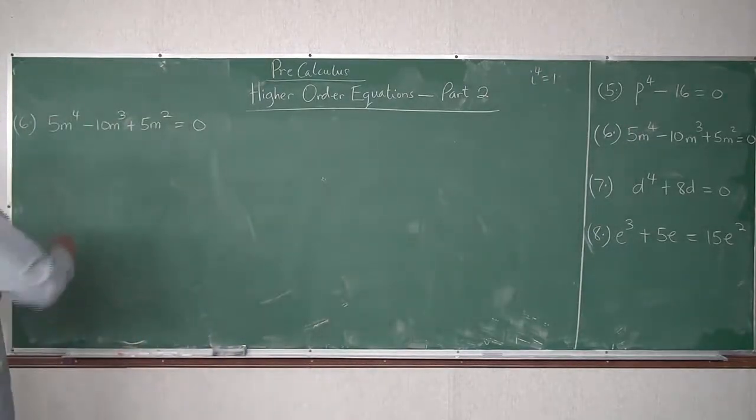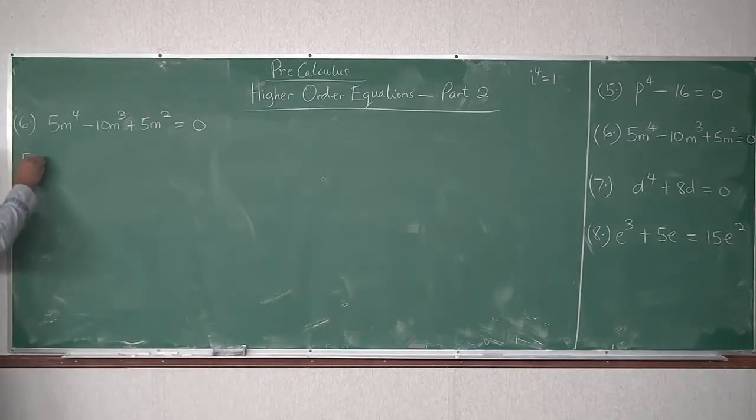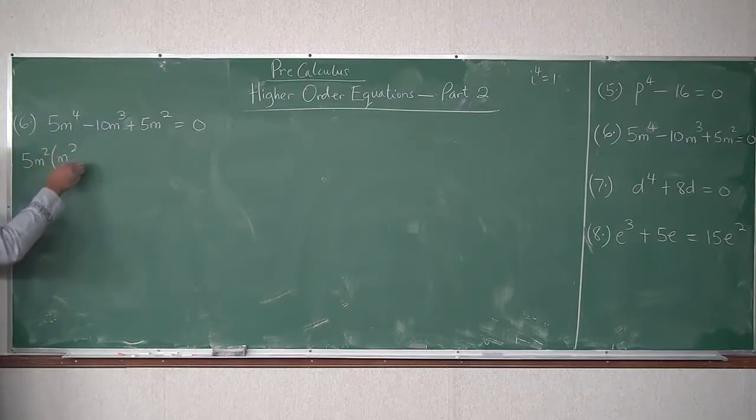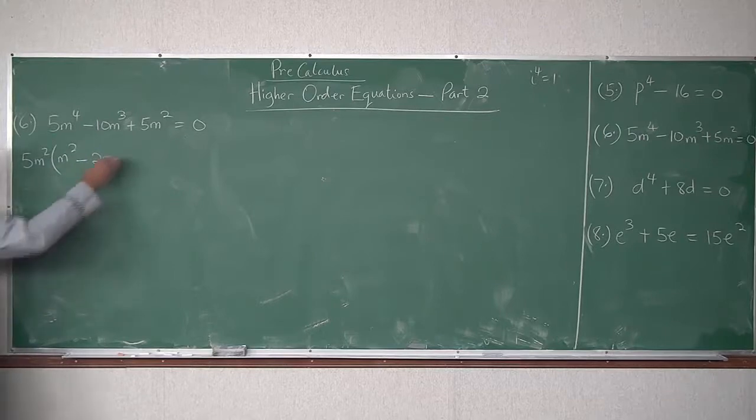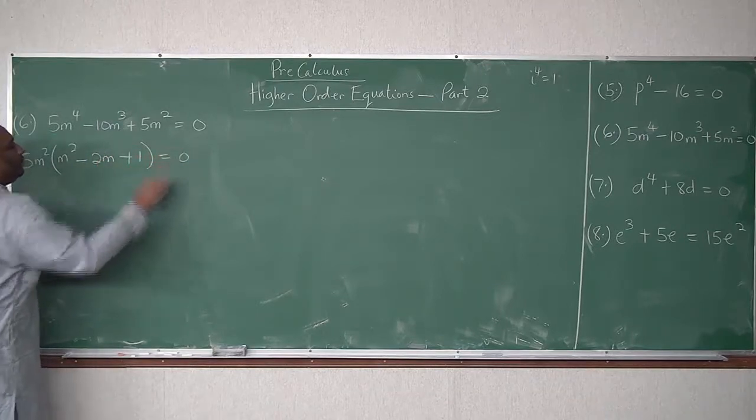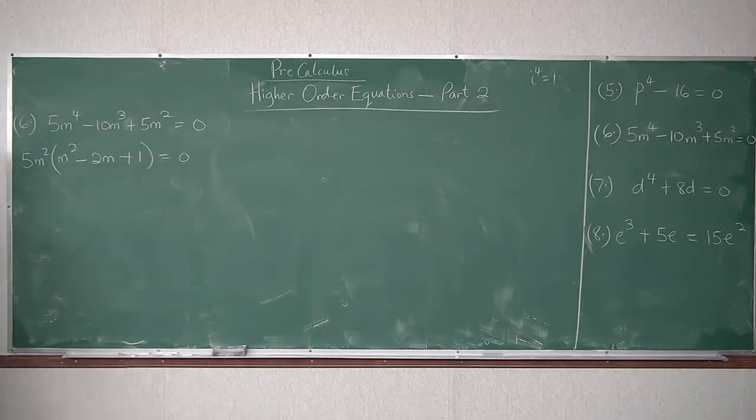So if you factor by GCF here, you have 5m squared. And 5m⁴ divided by 5m squared is m squared, minus 2m plus 1 equal to 0. Right?